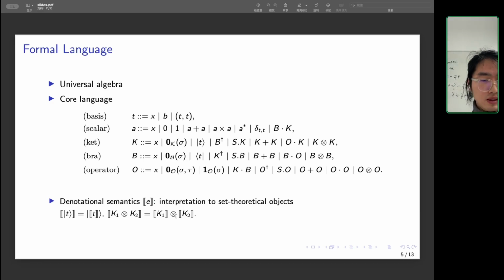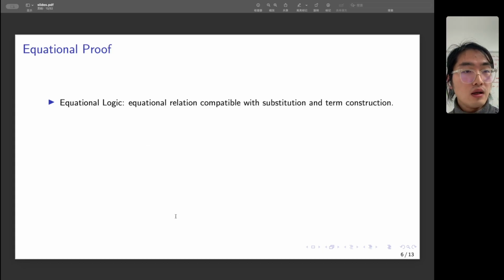But computers cannot do it in this way. What we need is a formal proof system. So we further explore how we use equational logic to do this. Equational logic defines an equational relation that is compatible with substitution and term construction.